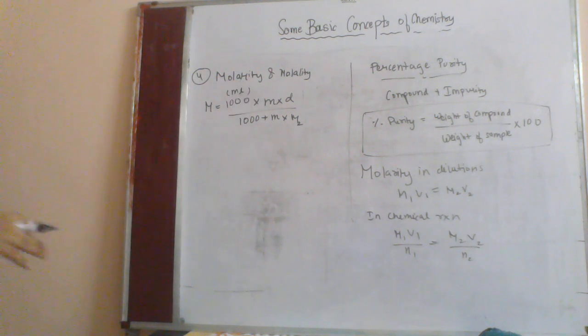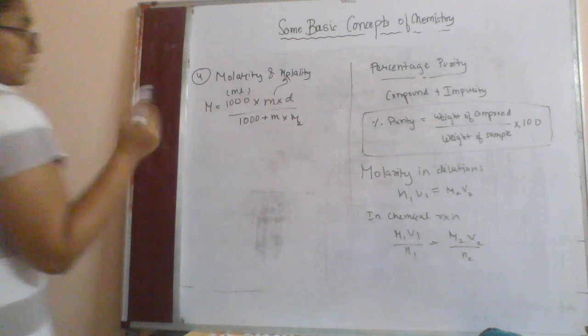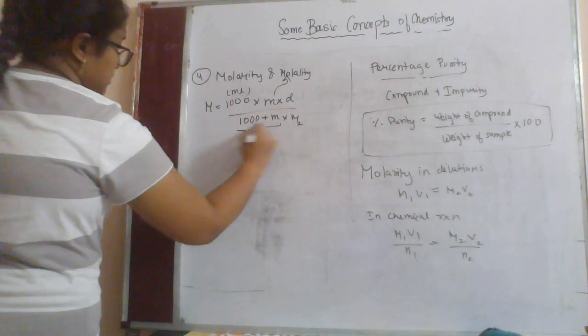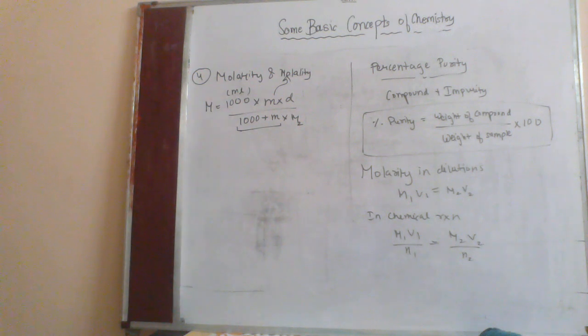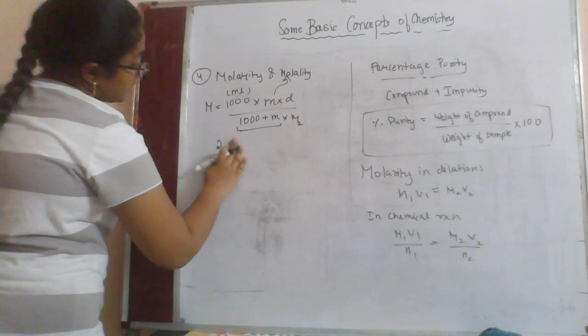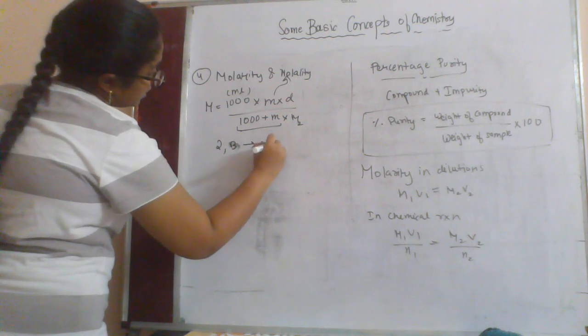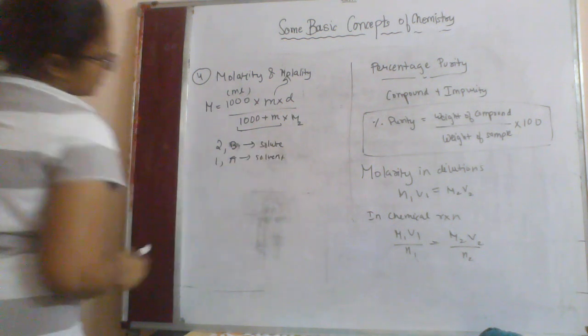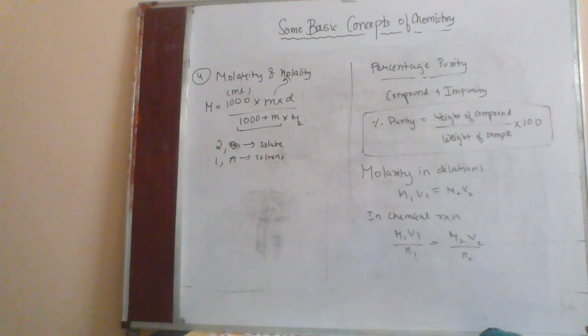So 1000 into small m, that is molality, into D, density, divided by 1000 plus, remember this is 1000 plus m, that is again molality, into M2, that is molecular mass of solute. Remember 2 and B are for solute, while 1 and A are for solvent. So this was the relationship between molality and molarity.